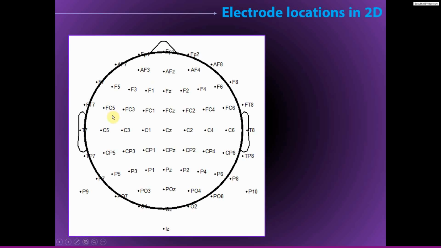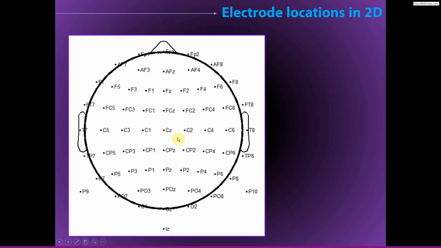And hopefully going into the future, 64 electrodes will be seen as kind of the minimum number of electrodes, and something like 128 or more than 200 electrodes will become increasingly widely used and become standard. Nonetheless, here you see 64 electrodes laid out on a two-dimensional representation of the head. This is called a topographical plot or a topographical map.